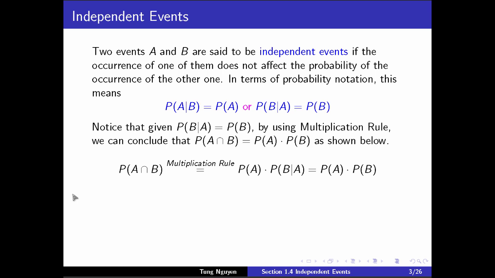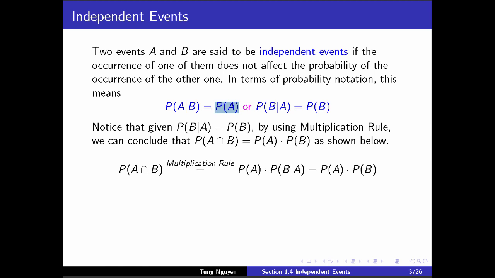It is natural to say that the 2 events A and B are independent if the occurrence of one of them does not affect the probability of the occurrence of the other one. So in terms of probability notation, we can write probability of A given B already occurred is the same as probability of A. That means knowing B already occurred does not affect the probability of A occurring.